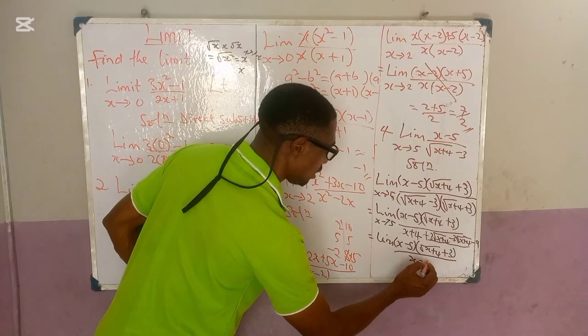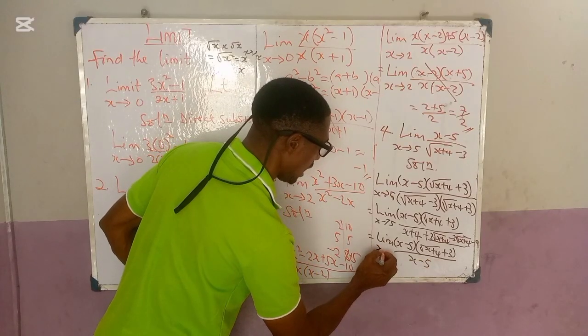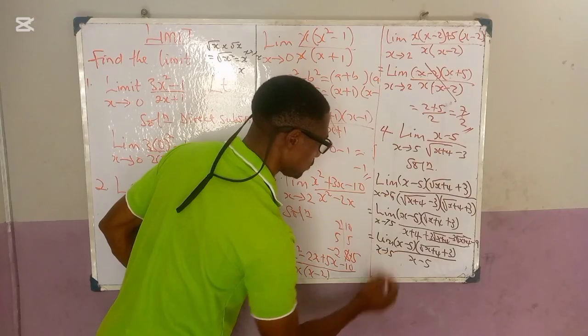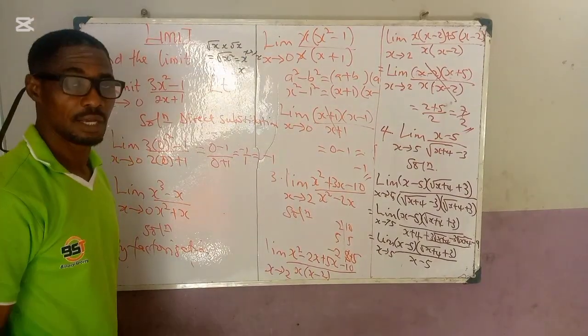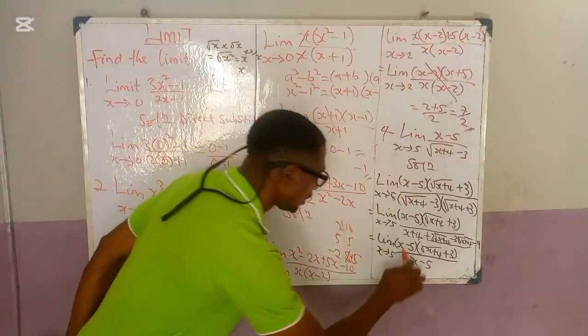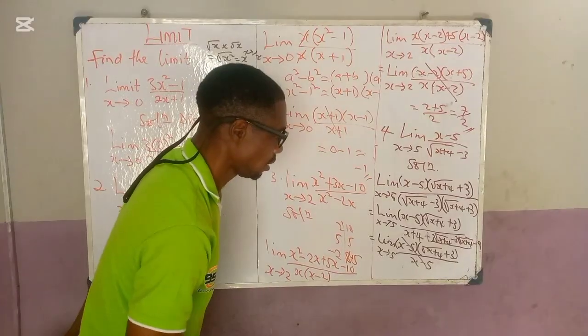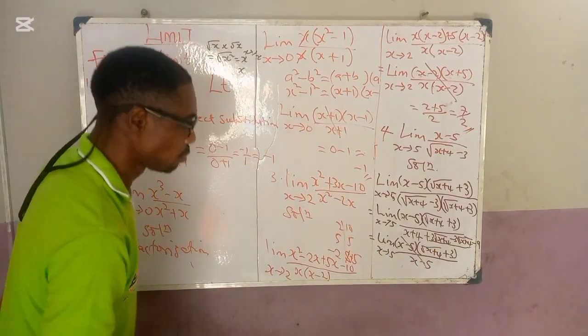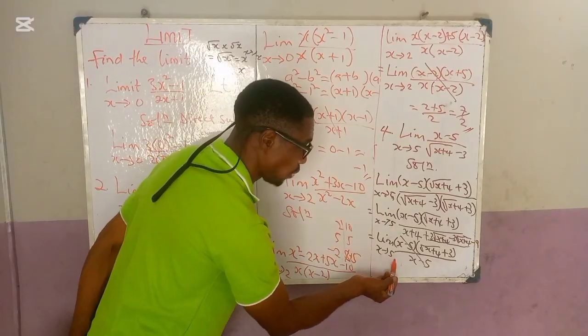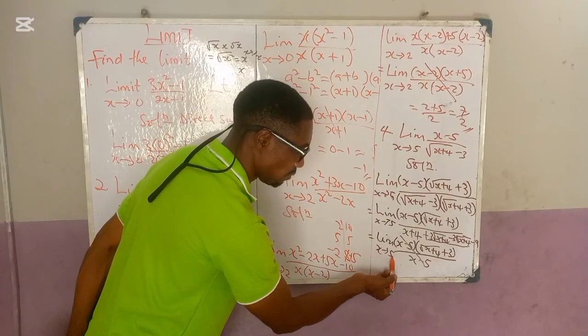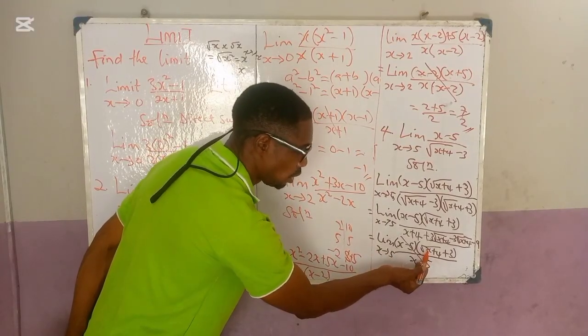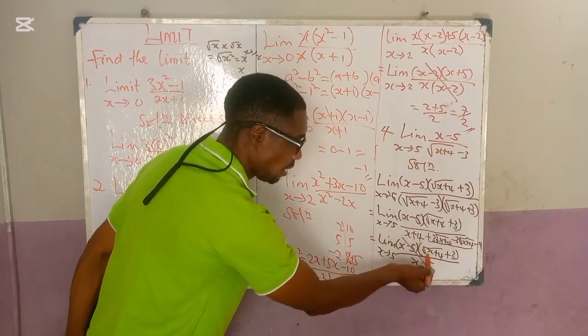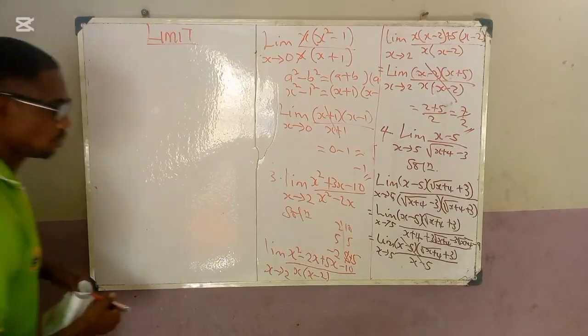So I have x minus 5 as x approaches 5. Yes. At this point, I hope we are together. This divide this. Yes, we are left with what we have here. Remember that x tends to 5, or x approaches 5. So we're going to replace this with 5. At this point, we can now substitute in there.